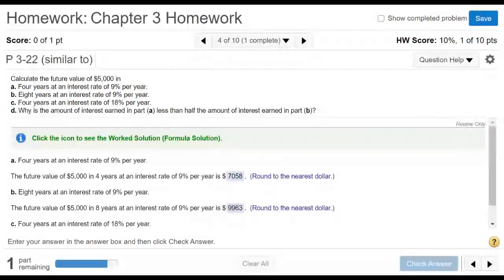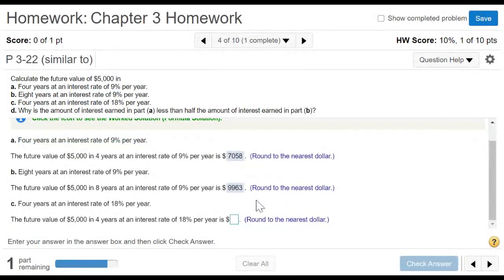Good. Now, let's do the last one here. Now it's at 18% and N equals 4. N equals 4. I/Y equals 18. Payment is 0. Present value is 5,000.